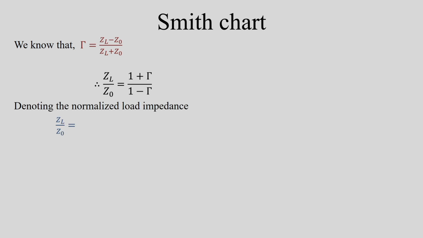Now, let us denote this normalized load impedance by its real and imaginary parts RL and XL. So, ZL by Z0 is RL plus jXL and gamma is equal to gamma R plus j gamma I, where gamma R and gamma I are the real and imaginary parts of the reflection coefficient gamma.